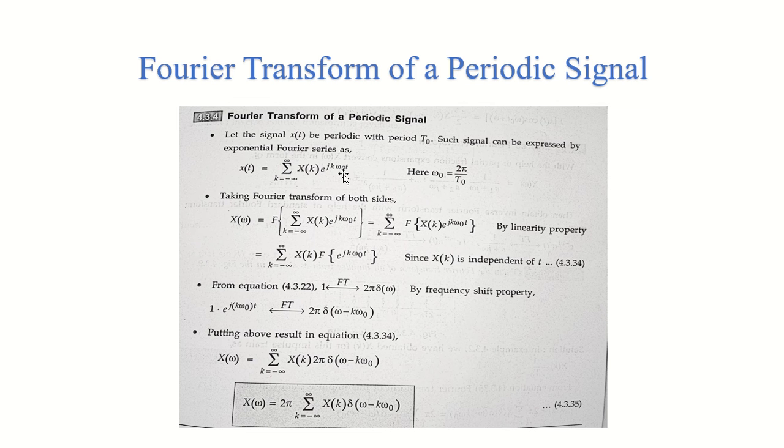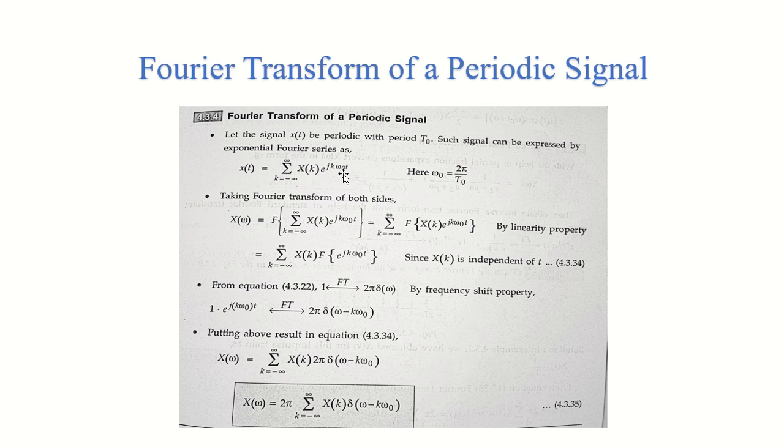It is the period after which the signal will start repeating itself. So you can represent that signal with a Fourier series, and what will that Fourier series be? x of t is equal to summation of k equals minus infinity to infinity x of k e raised to j k omega 0 t.